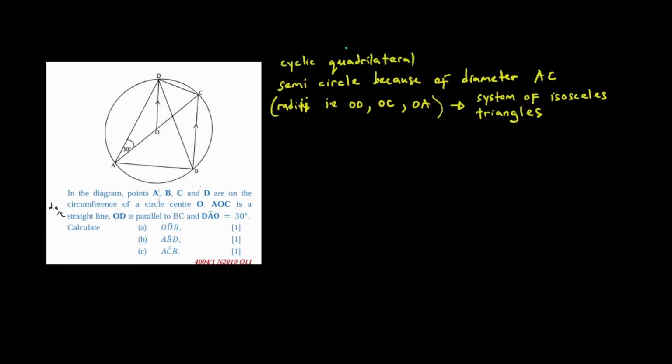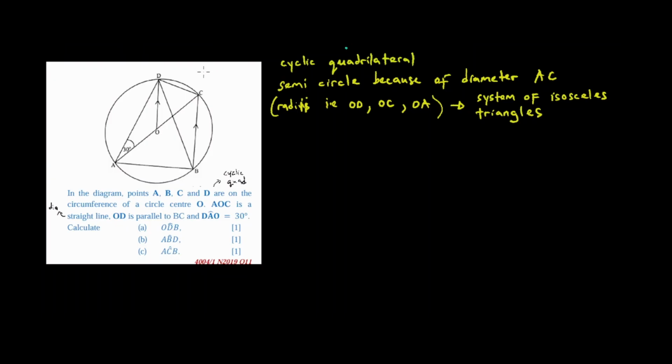Then where it says A, B, C, D are on the circumference, that tells us we have a cyclic quadrilateral. And the test: OD is parallel to BC, and DAO is 30 degrees. Calculate these angles.